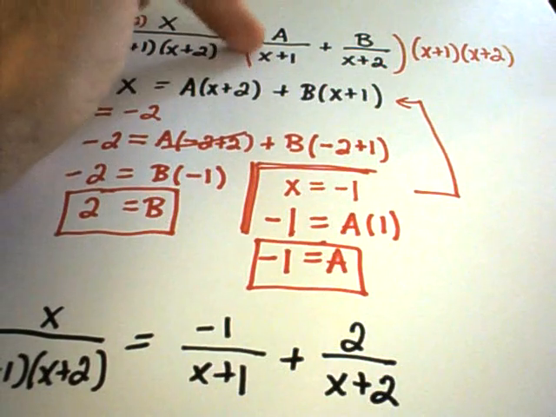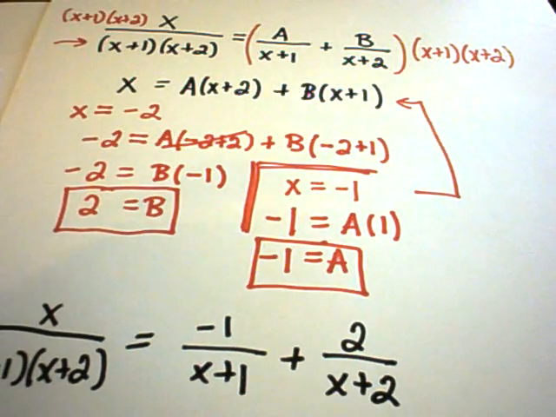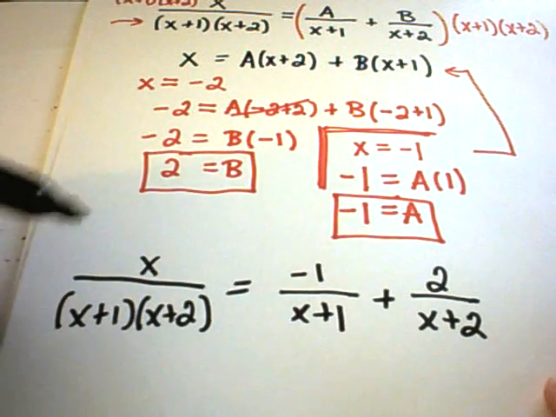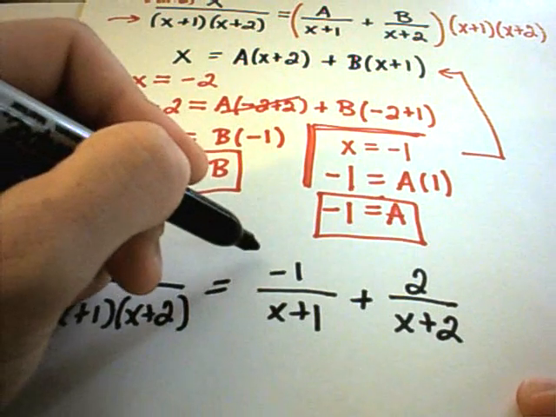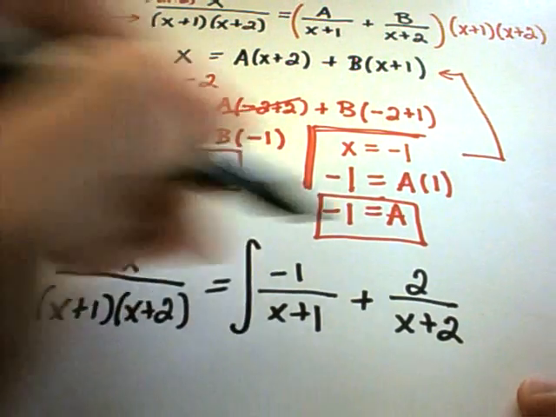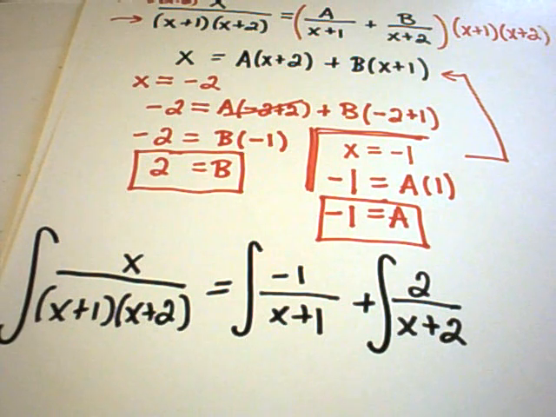I'm just filling in my original thing up at the top with my a values and my b values. So equivalently, if I wanted to integrate this thing on the left, I could now integrate the stuff on the right, and you're going to do it basically a piece at a time, using natural logarithm functions in this case for linear factors.